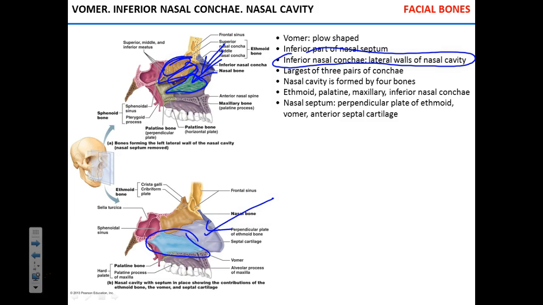Inferior nasal conchae form the lateral walls of the nasal cavity. Vomer forms the inferior part of the nasal septum. The nasal septum by itself is formed by the perpendicular plate of the ethmoid bone, vomer, and the septal cartilage, which is not present in this model.